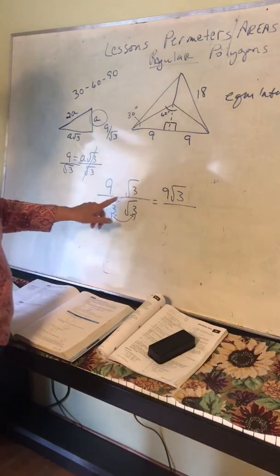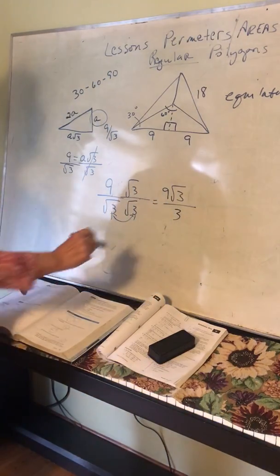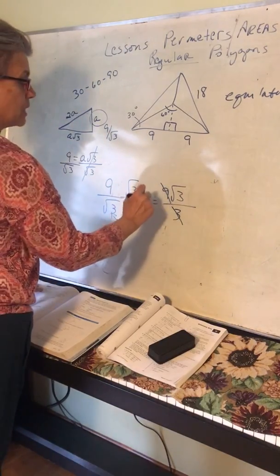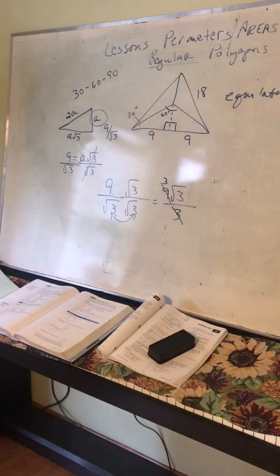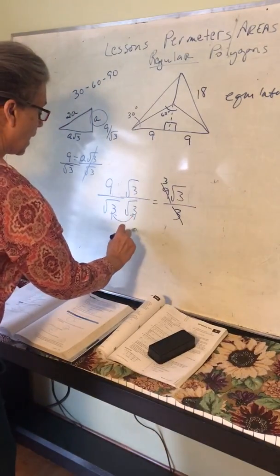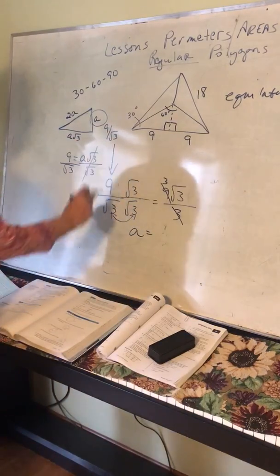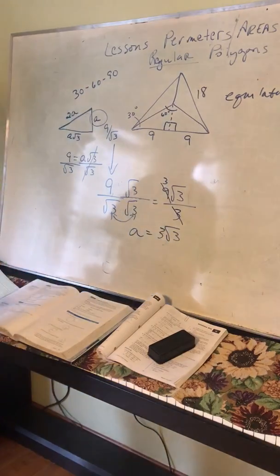When you have a square root times a square root, it becomes 3. Then we can cancel these and make this 3, since 3 goes into 9 3 times. So now we know A up here is 3 square root of 3.